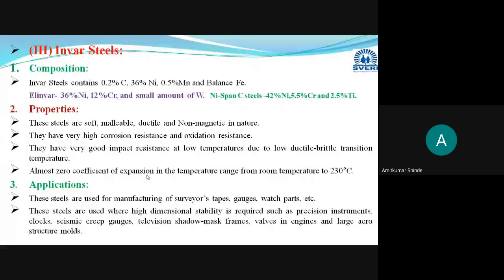These Invar steels are generally low carbon steels. In this low carbon steel, the carbon percentage will be less than 0.3%, the nickel percentage will be 36%, and 0.5% manganese is there.